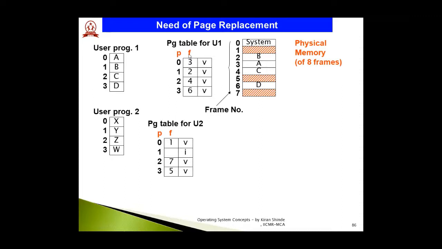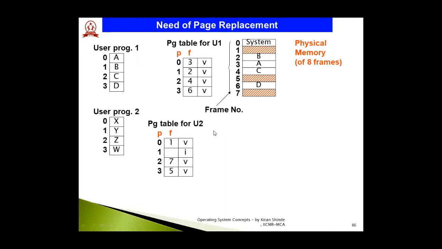The pages of user program 1, 0, 1, 2, 3, are mapped to these frames: page number 0 is mapped with frame A, that is frame number 3. Page number 1 is mapped with frame 2, that is frame B. Page number 2 is mapped with frame 4, signified with alphabet C, and page number 3 is mapped with frame 6, signified with alphabet D.